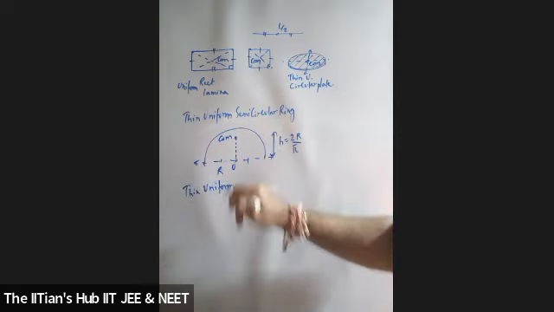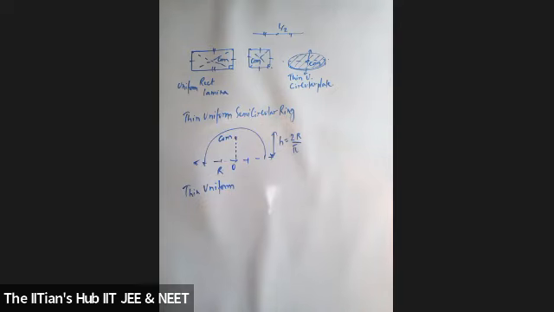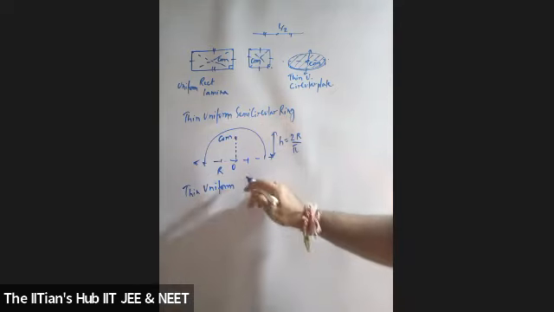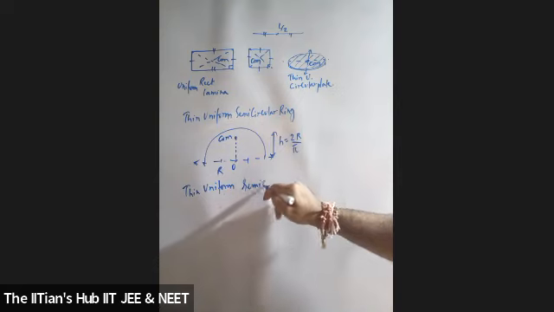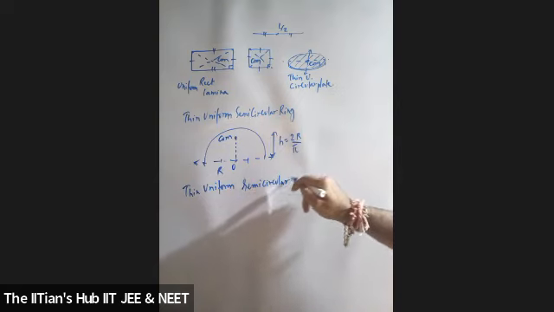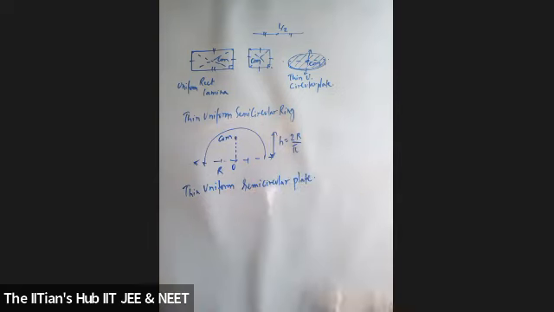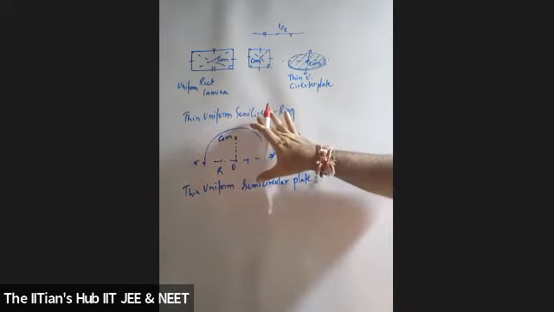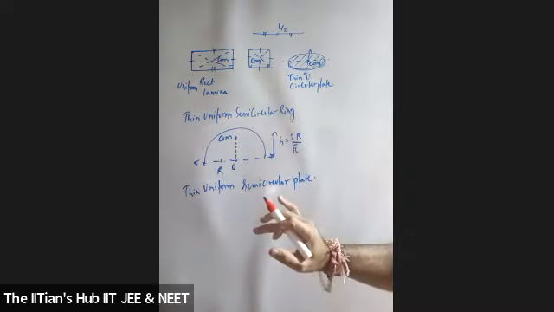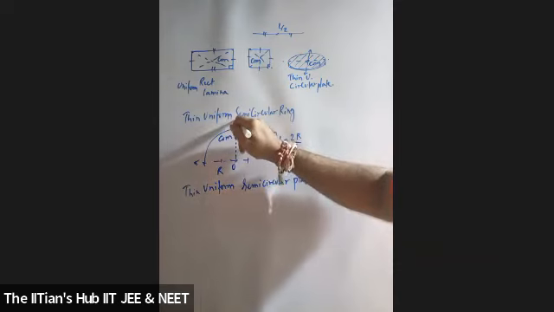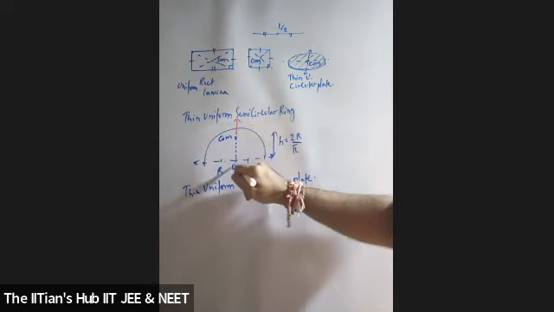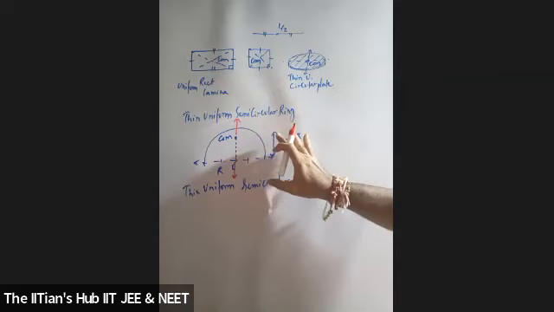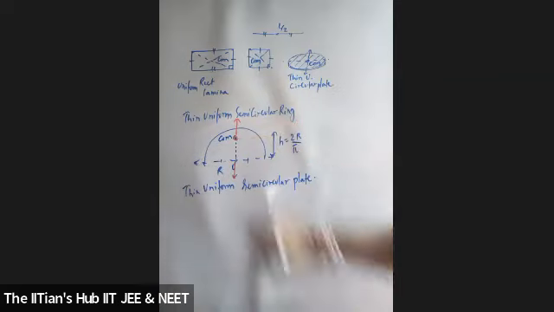If I give you a thin, uniform, semicircular plate, students, this is the semicircular ring. Again, it's simply a thin wire. And where is its center of mass, students? These are all symmetrical objects. So this is the axis of symmetry, students. Does the center of mass lie on the axis?